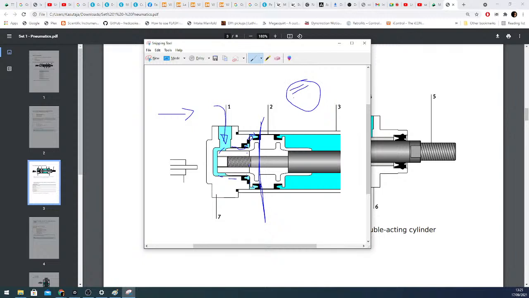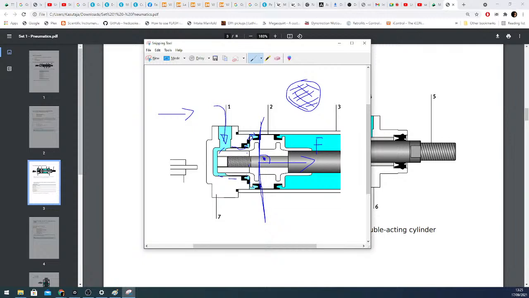The compressed air is going to be applied on the piston cross-section, and by applying the compressed air, or in hydraulics the liquid, to the piston, it generates force in 90 degrees to the piston cross-section.